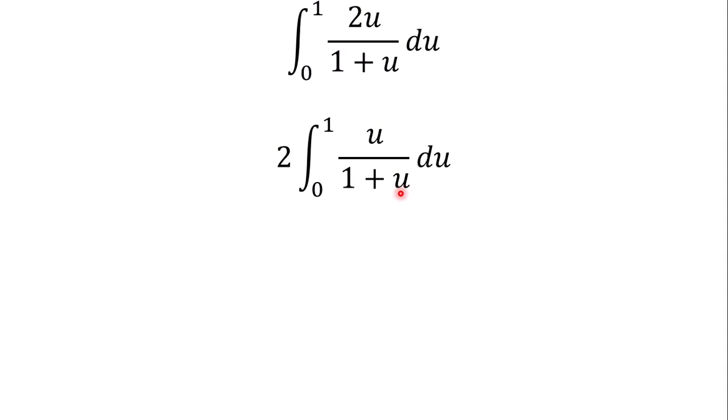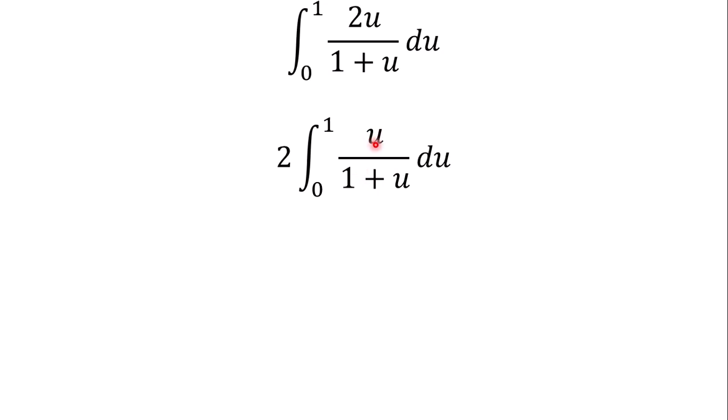But to make it very simple and short, we're not going to do another substitution. What we are going to do here is just try and rewrite this u here, so that we can get what is here on top.